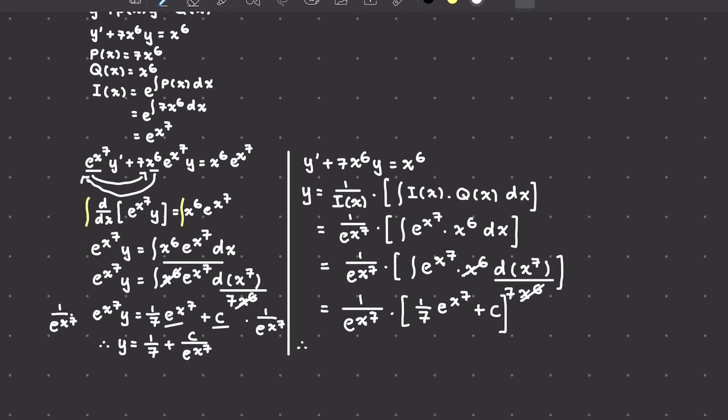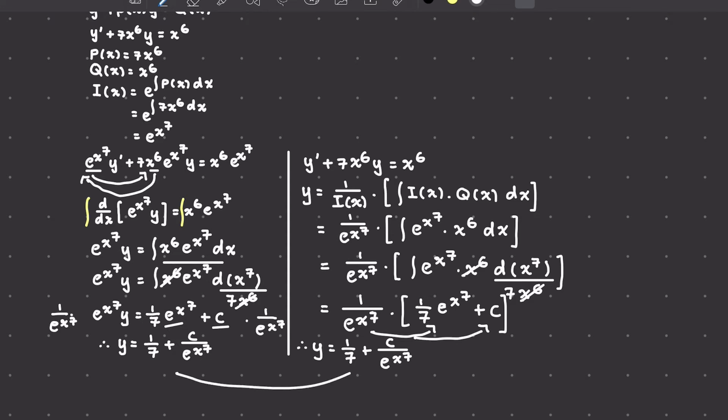If we multiply this inside, this will give us simply 1 over 7 plus C over e to the power of x to the power of 7.